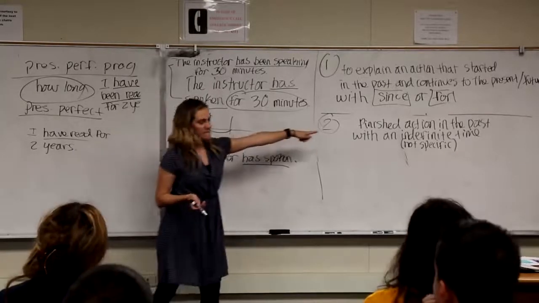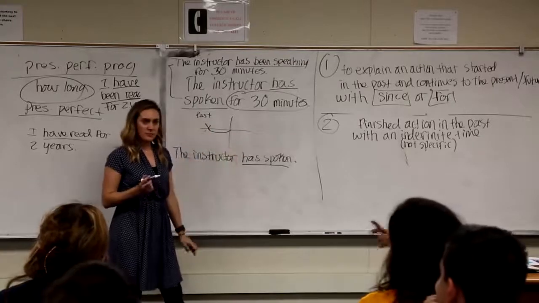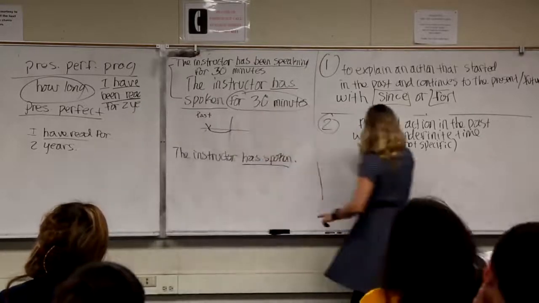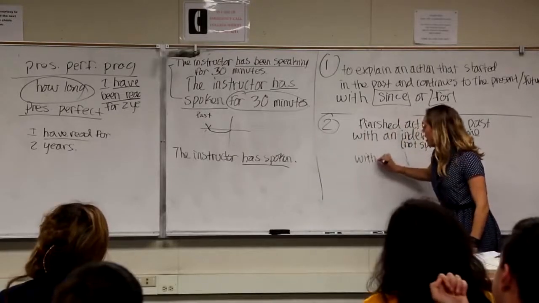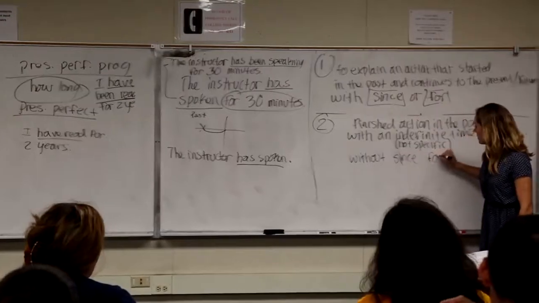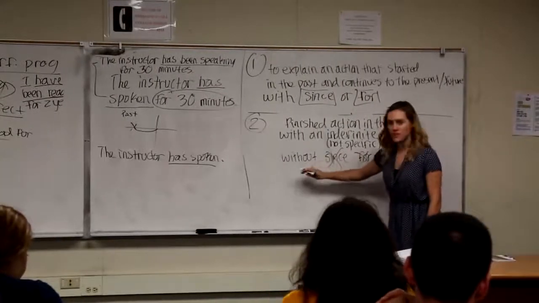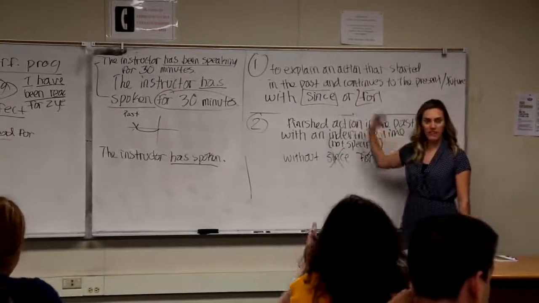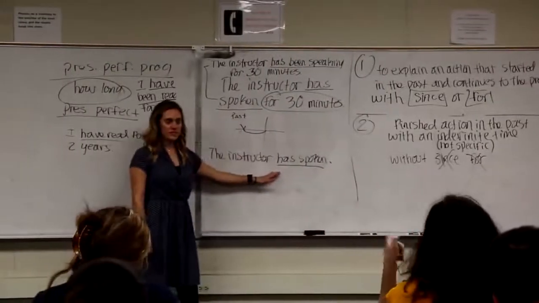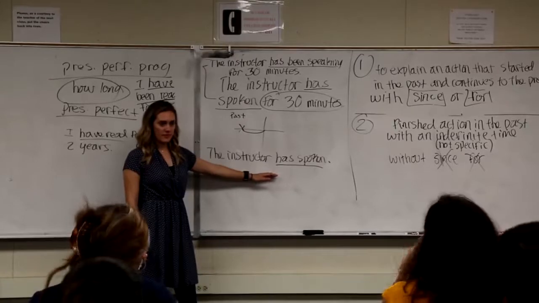In the past, finished. It's finished, and very near to the past. So remember, this is without since and for. Okay? So no since, no for, right? What's the difference between this sentence and the instructor spoke?